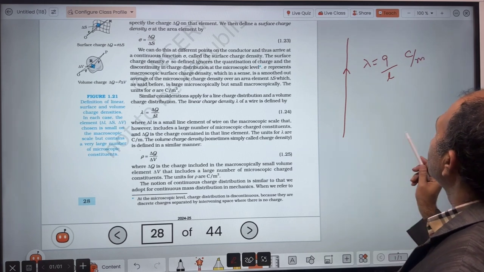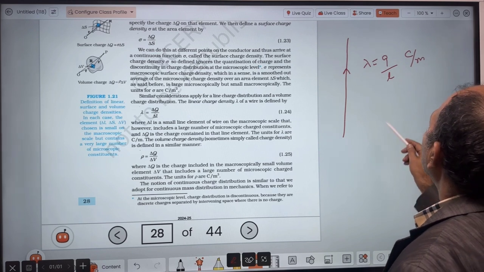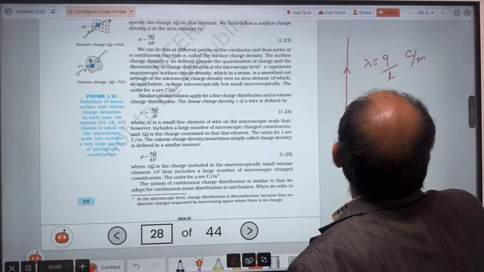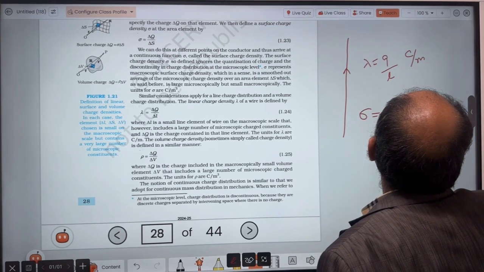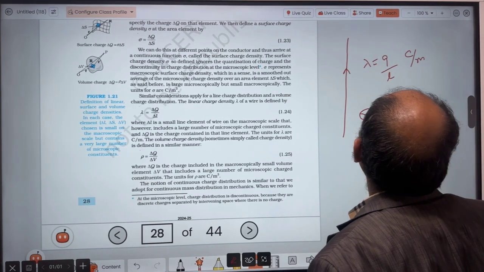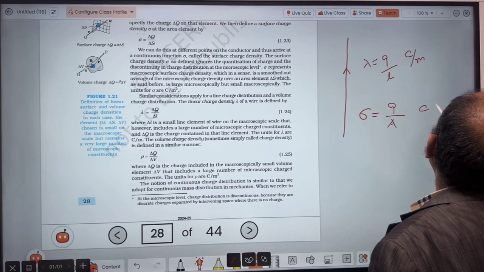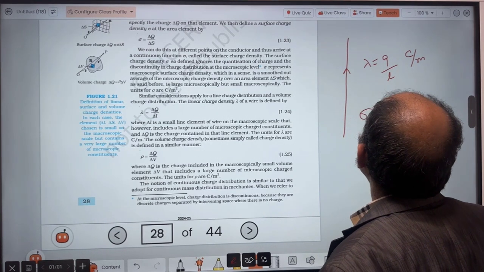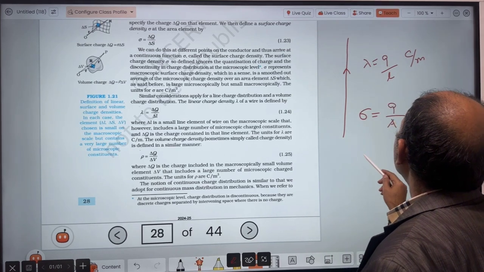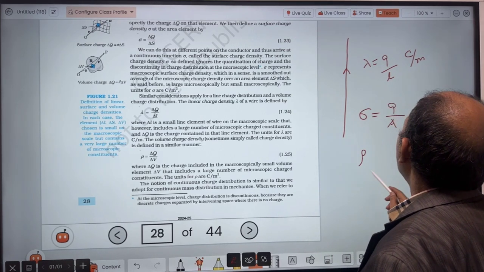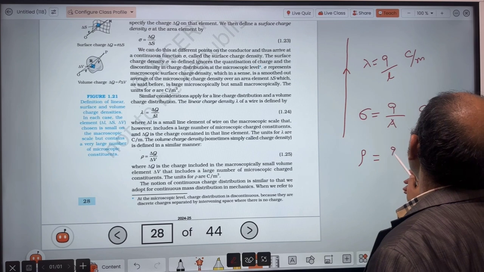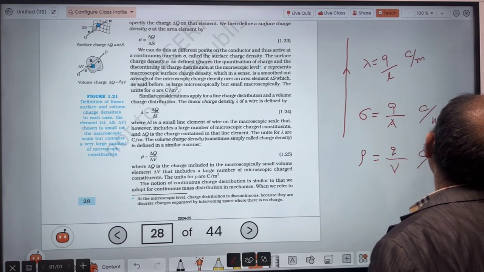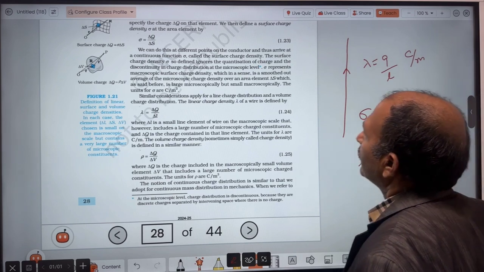Similarly, if charge is distributed in an area, then here we find out charge density, say sigma, which will be equal to q divided by area, and unit will be coulomb per meter square. And if charge is distributed in a given volume, in that case volume charge density will be given by q divided by volume. Unit will be coulomb per meter cube.